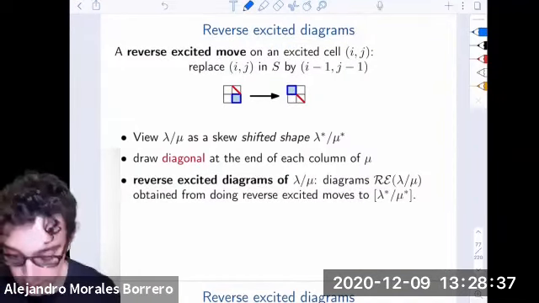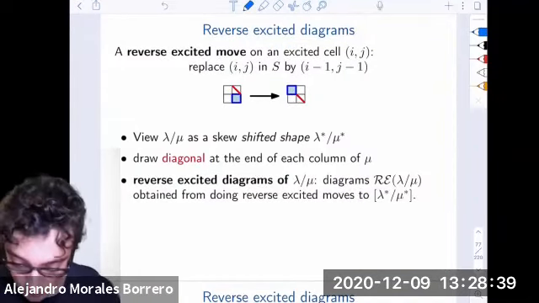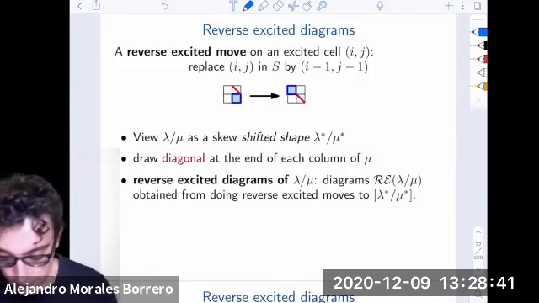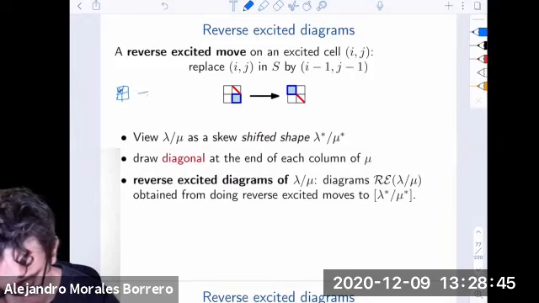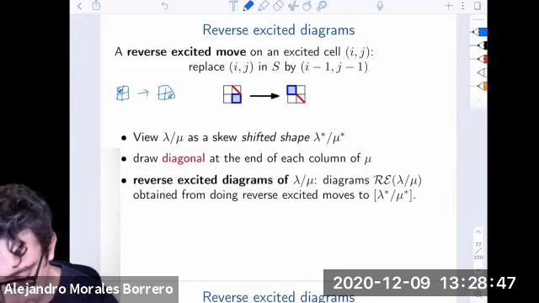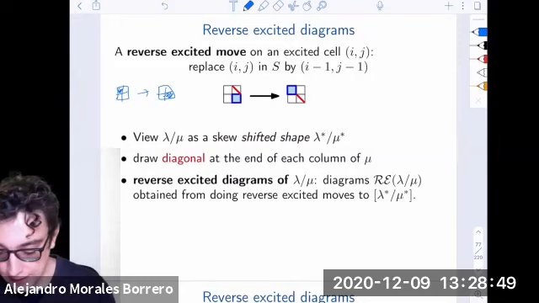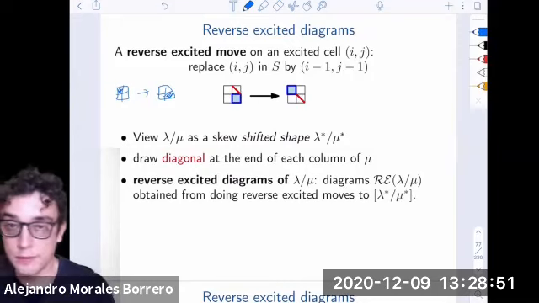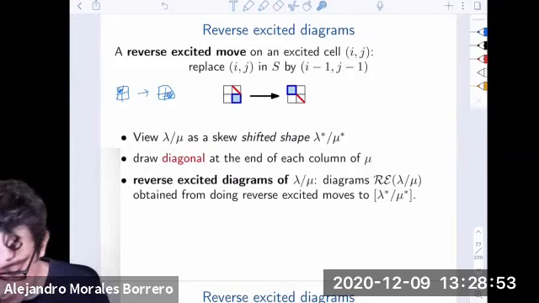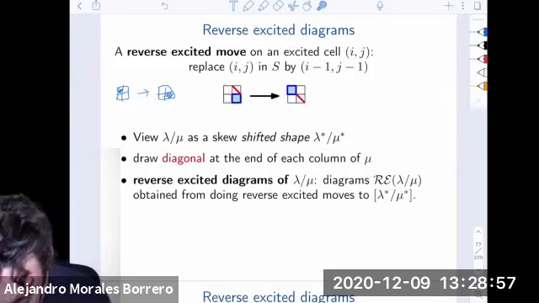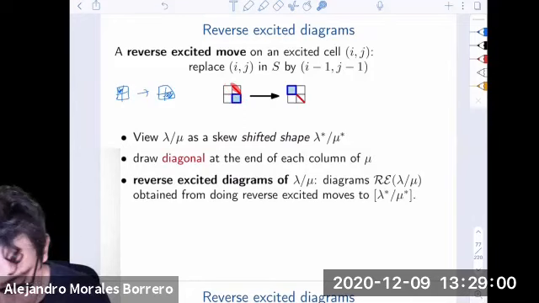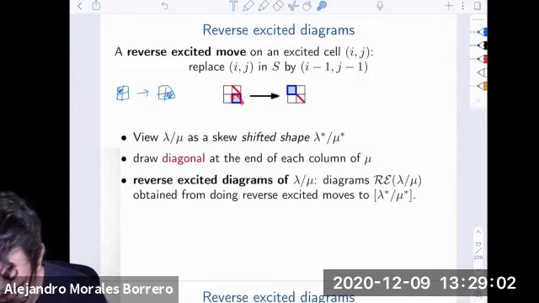So this one is in terms of reverse excited diagrams. If you remember, an excited move was sliding a box down. Reverse excited diagram is the opposite, moving up. And there is this line here that I'll explain in a second. But focus now on the blue cell.